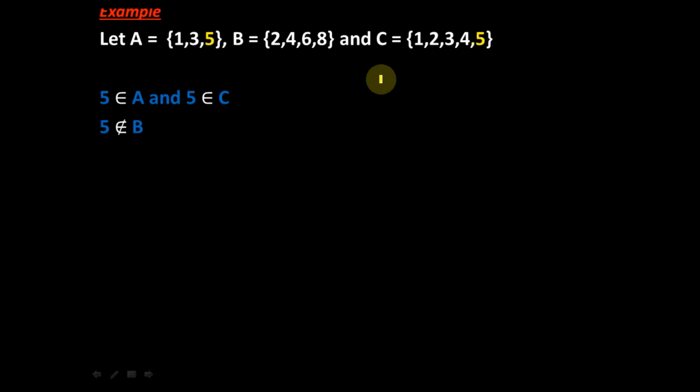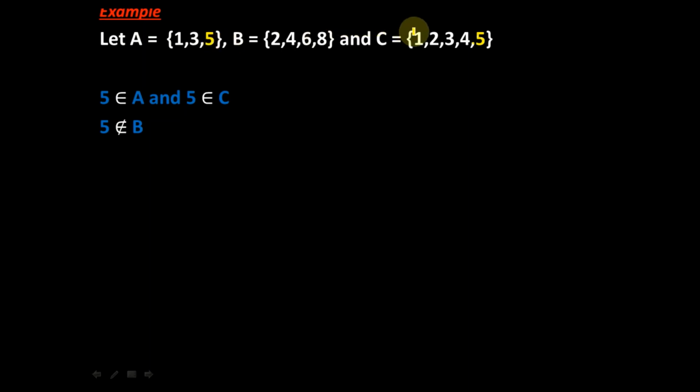Okay, easy. Now let's take the subset sign. Let's take the set A, for example. I have 1, 3, 5 in A. Then between B and C, where do I see 1, 3, 5?